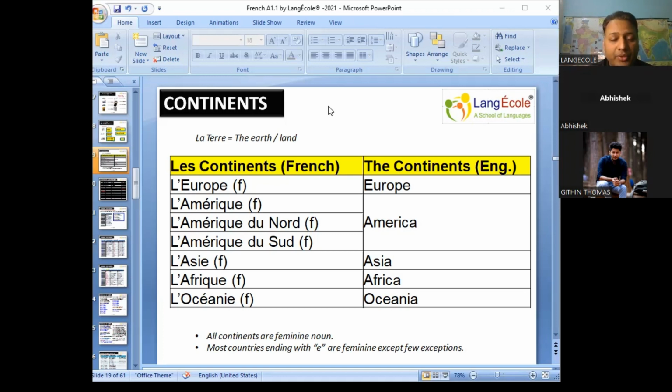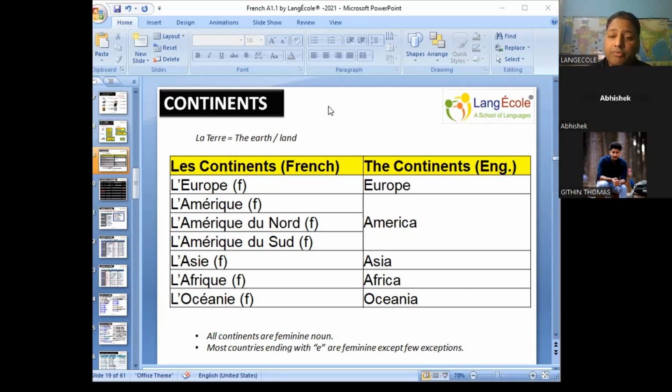And all the continents on the earth start with a voyelle, a vowel. For example, Europe, Amérique, Amérique du Nord, Amérique du Sud, Asie, Afrique, and Oceania. All of them are starting with voyelle. And all of them are again feminine.